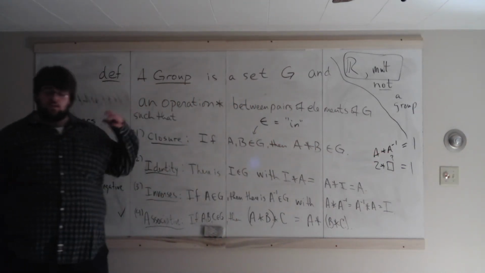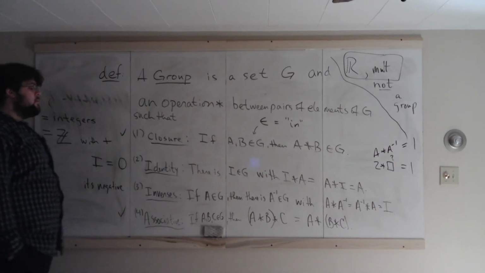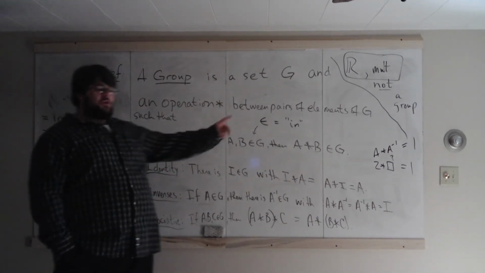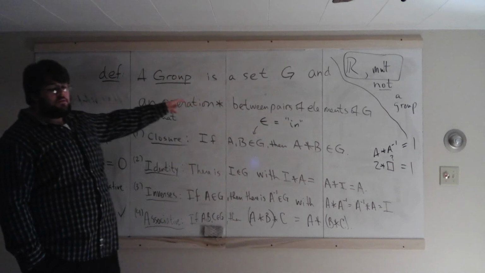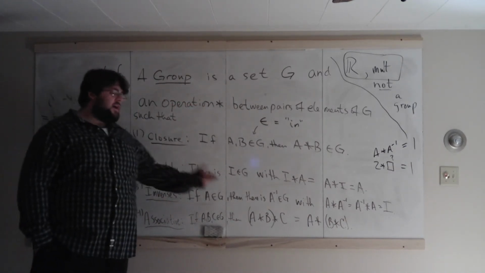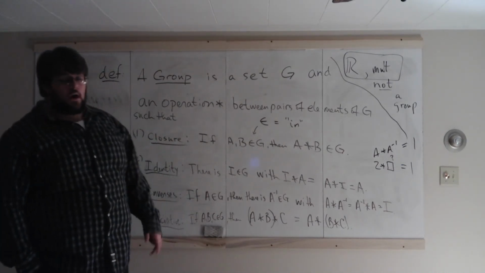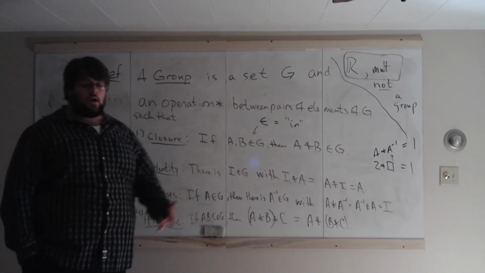So the fact that 0 is in there screws everything up. If we took 0 out, so if we had real numbers without 0, it would be a group. But the fact that we have 0 in there prevents it from being a group. All it takes is one bad element and it's no longer a group.